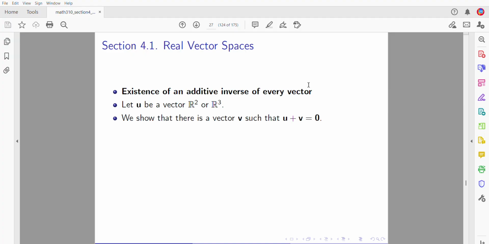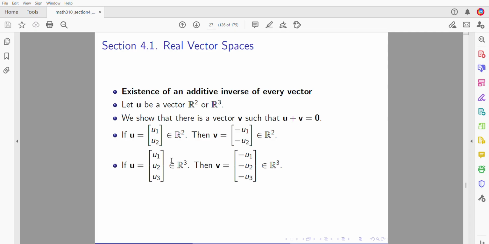Let's show the existence of vector V such that U plus V is the 0 vector. Well, if vector U is (U1, U2), let V be (-U1, -U2). Likewise, in R3, if vector U is (U1, U2, U3), let V be the vector (-U1, -U2, -U3). In either case, vector U plus vector V is the 0 vector.